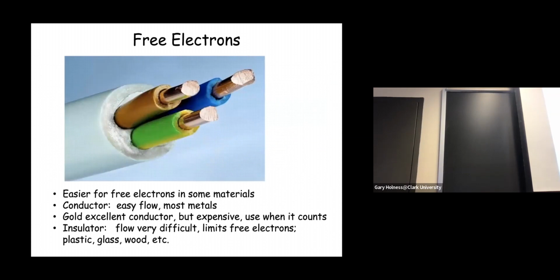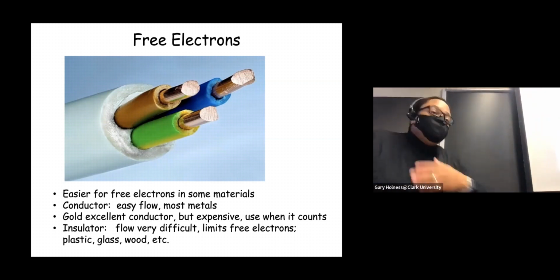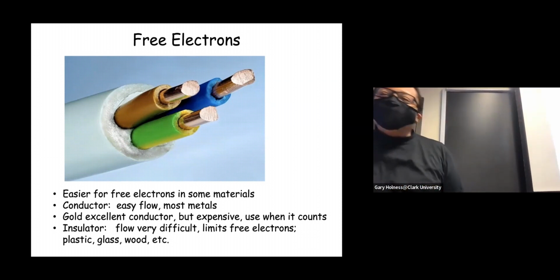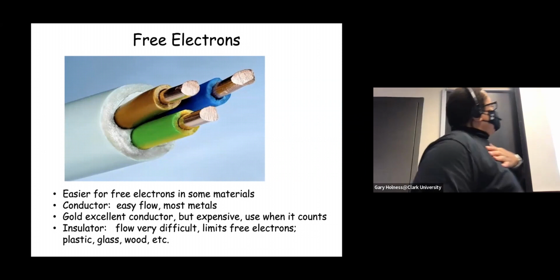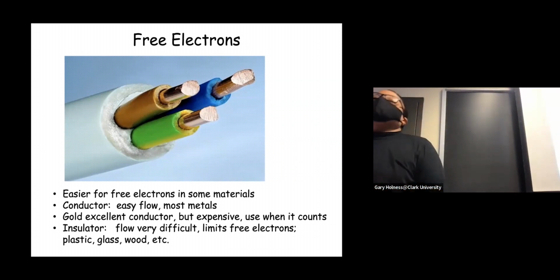Okay, and so there are some materials called conductors that make it really easy for these free electrons to move around. Now, I'm not a chemist. I hated chemistry. That's why I'm a computer scientist, electrical engineer, but they made us take chemistry. But this idea of free electrons has to do with how vacant your valency is on the outermost orbital.